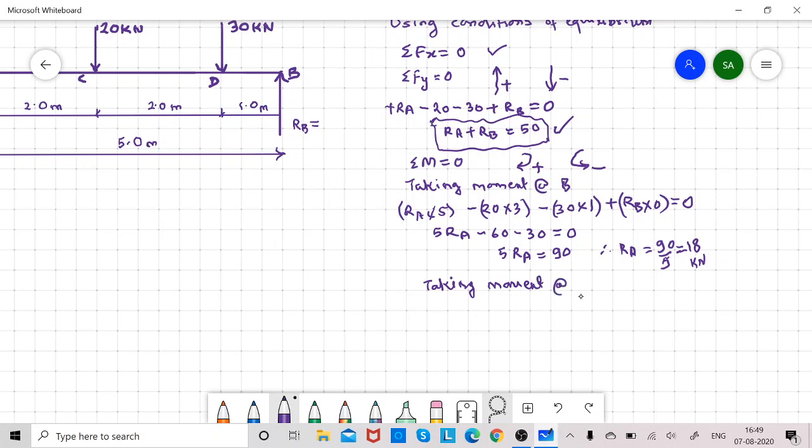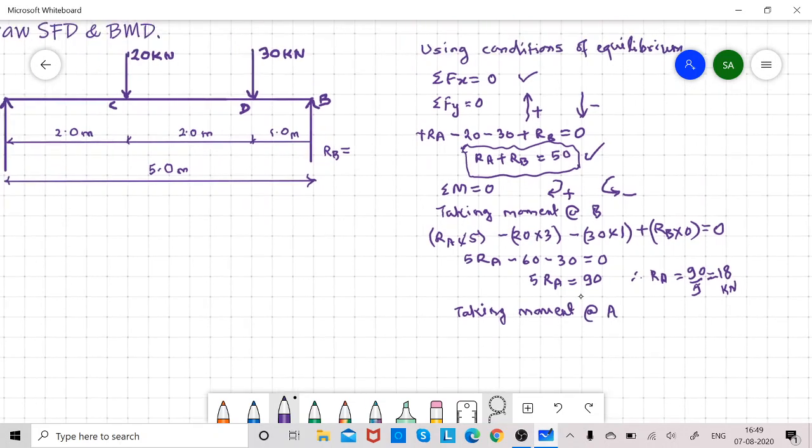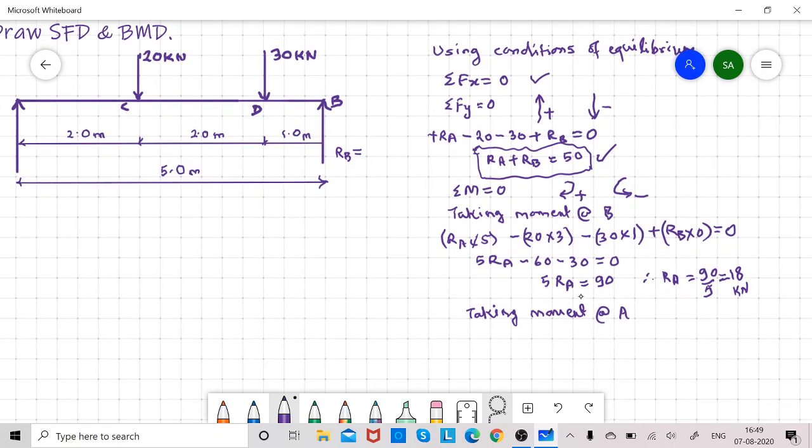again clockwise positive, anticlockwise negative, RA into 0, because RA passes through point A, plus 20 into 2.